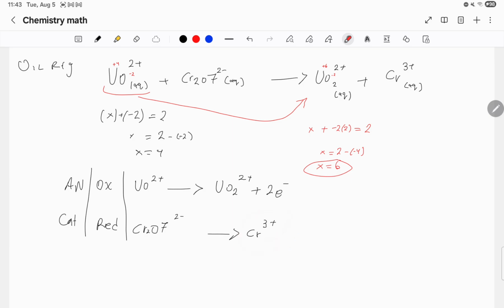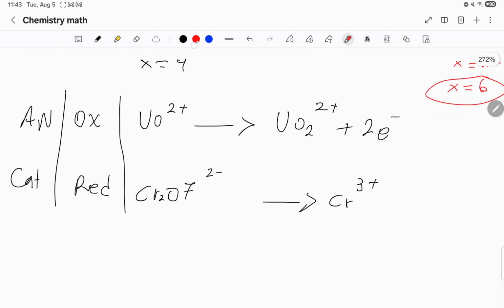Now, I'll tell you something very interesting. For monoatomic ions, their charge is the exact same as their oxidation number, right? So their oxidation number for this guy would be 3 plus. Okay, super simple. Anyways, now let's take a look at the oxidation number of this.